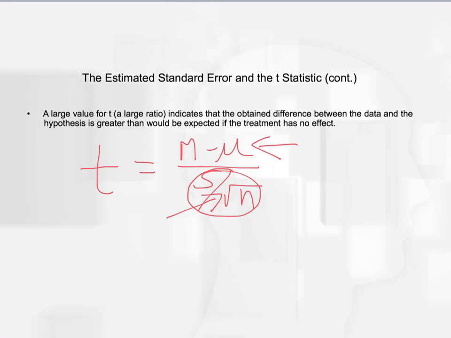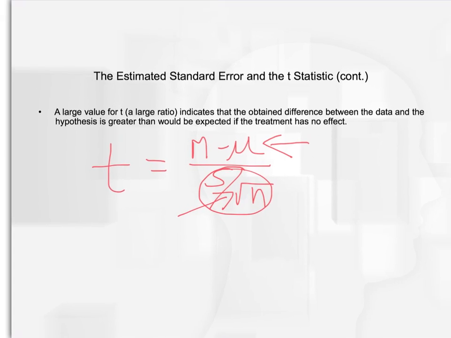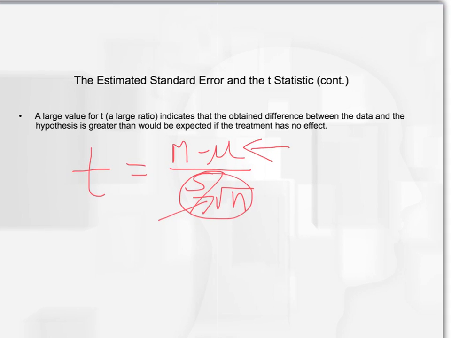A few more points about that formula. Let's focus on the denominator. As that standard deviation gets larger, that means that the denominator gets larger. If s goes from 50 to 60, and the sample size stays the same, then that denominator, the standard error of the mean, will be larger.